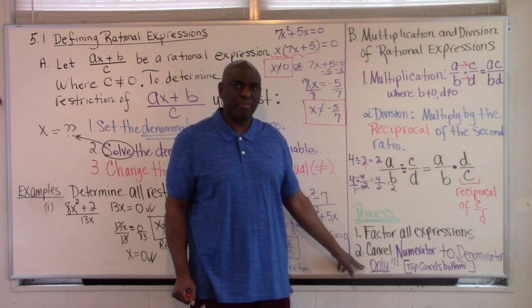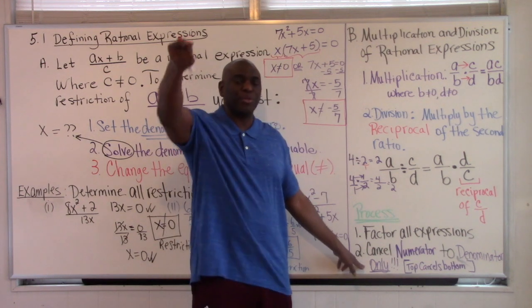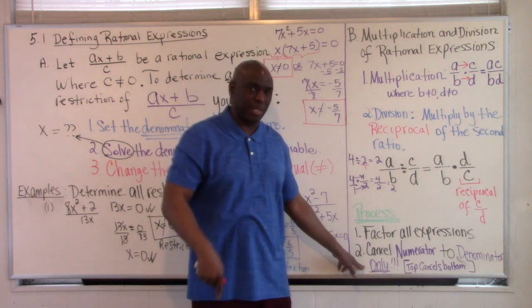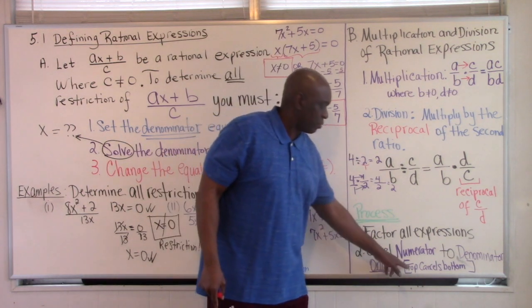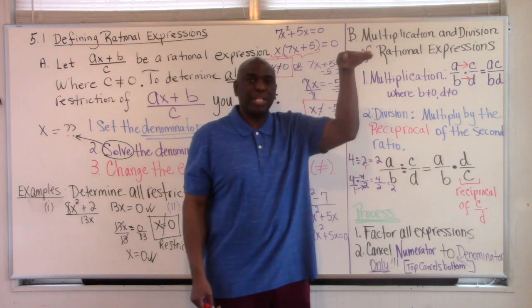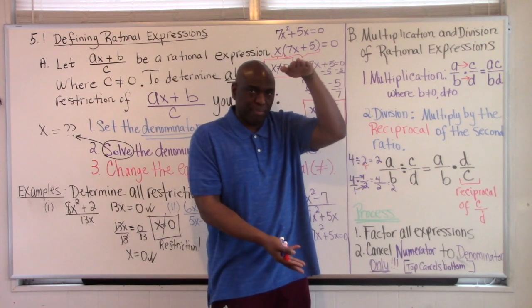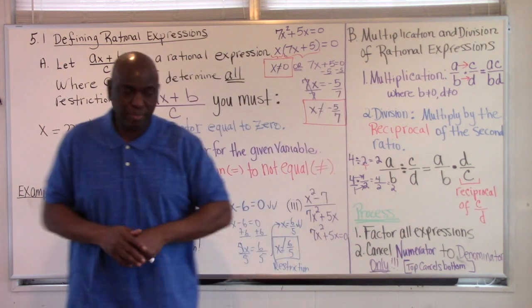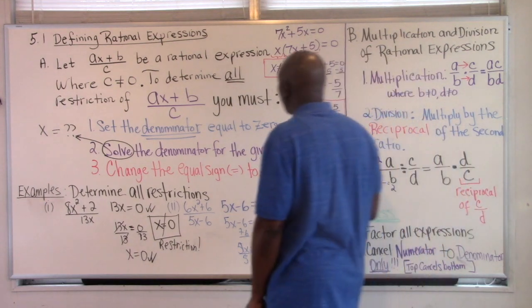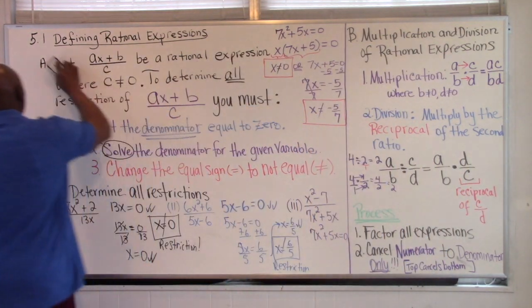You never cancel numerator to numerator or denominator to denominator. In other words, top cancels the bottom. Whatever is on top, you can find where it can cancel on the bottom. Okay? Let's look at a few examples so we can have a better idea of what we're talking about here. So here we go.